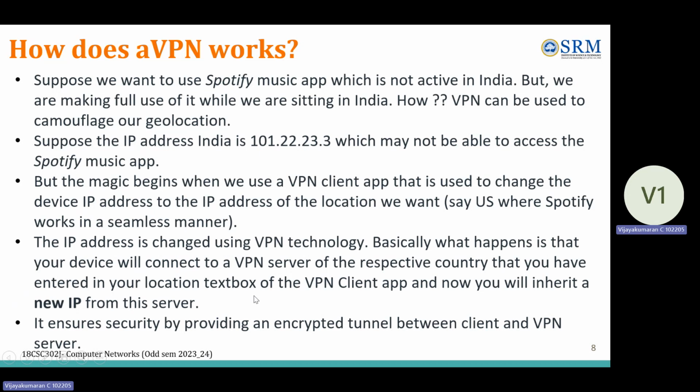Your IP address is hidden, tunneled between the VPN client and the VPN server, so no one can intercept the communication between this client and server. It ensures security by providing an encrypted tunnel between the client and the VPN server. The encrypted tunnel provides a secure way of communicating between the client and server.